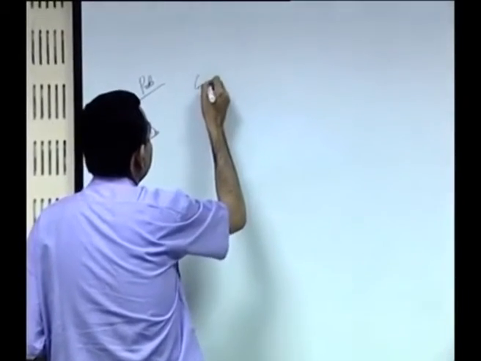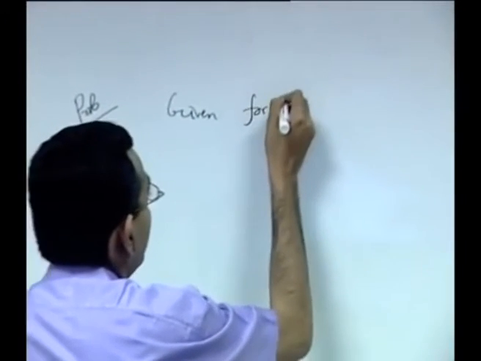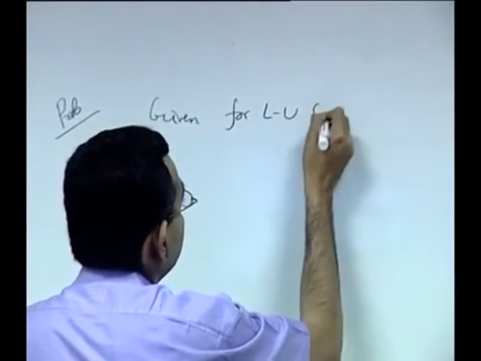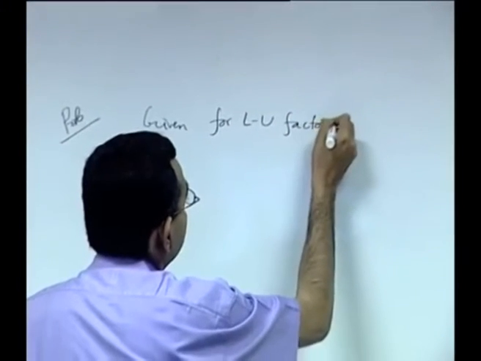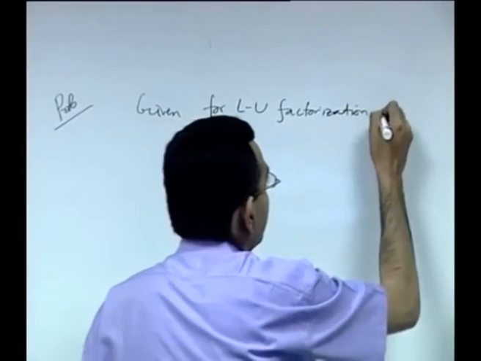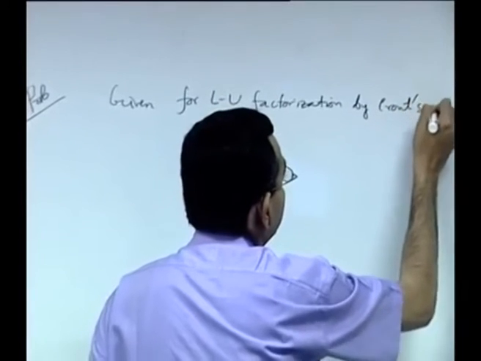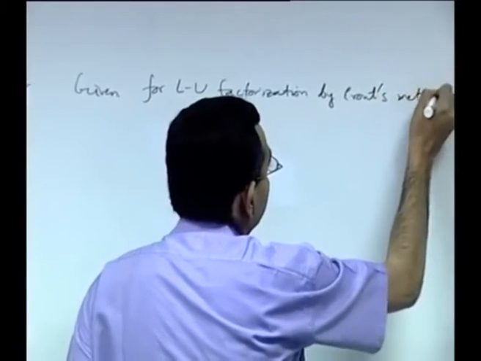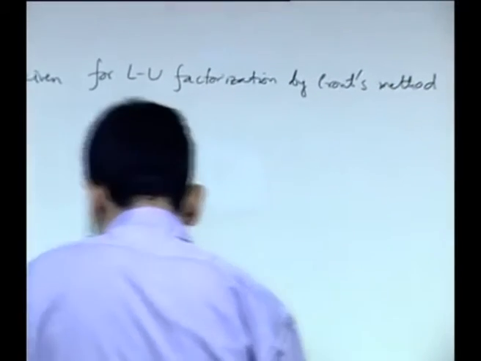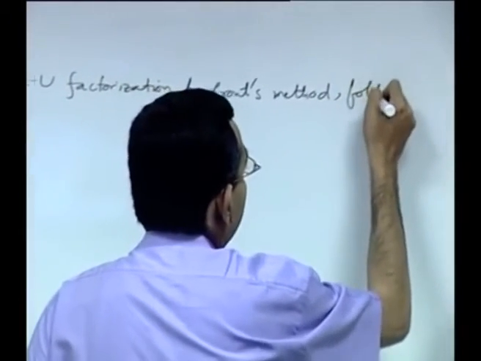So given, for LU factorization by Crout's method, the following steps are to be executed.